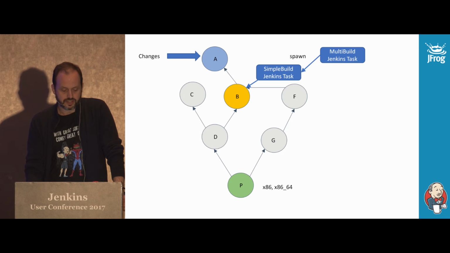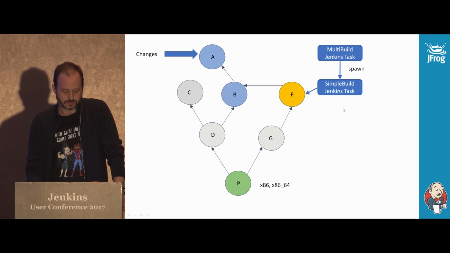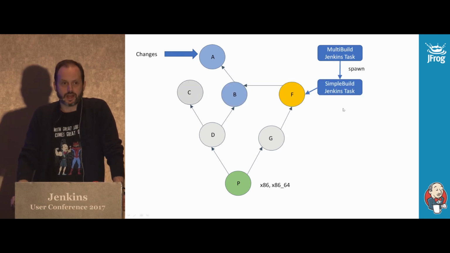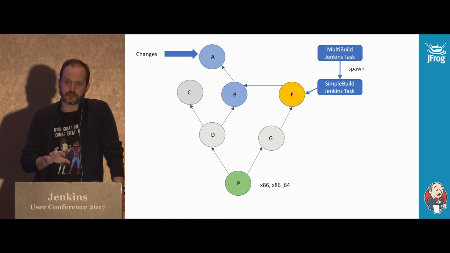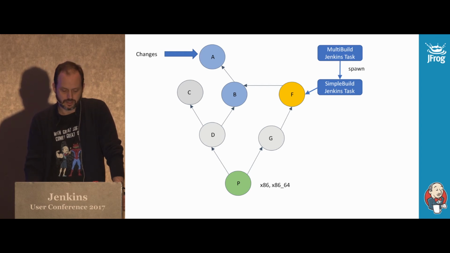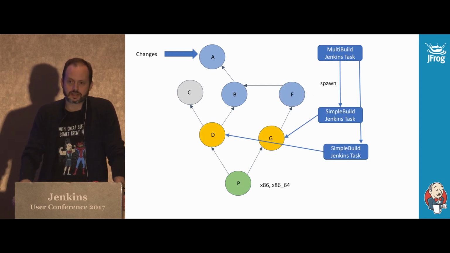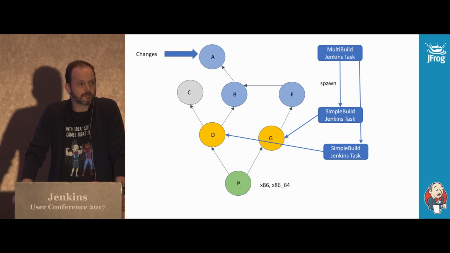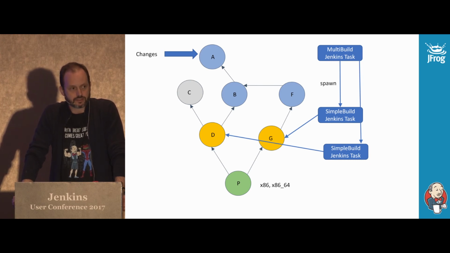And then, when it finished building B, it can go and fire F. And at this step, you can say, hey, why not F and D? And I will show you. So it can start working on F, and in the next step, it can fire both of them in parallel. And you can say, hey, why didn't you fire in parallel first D and F?